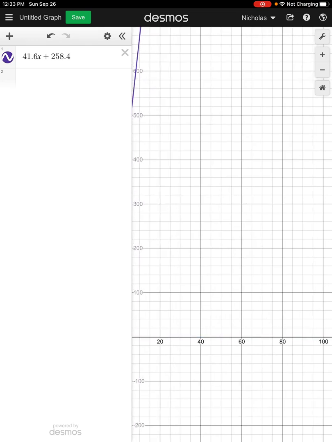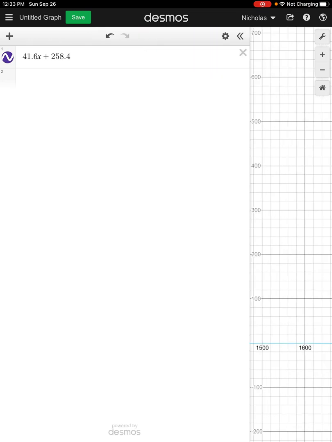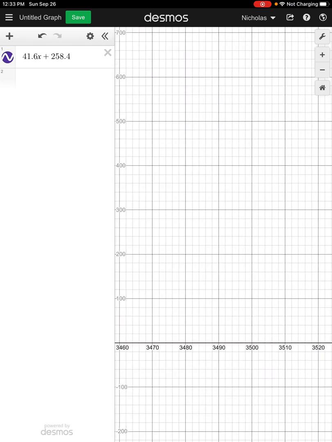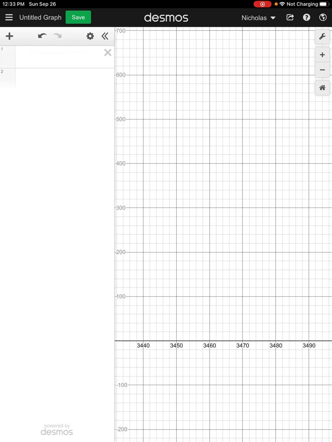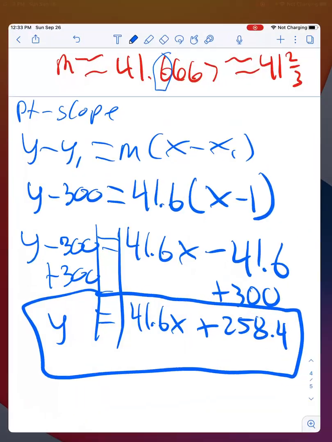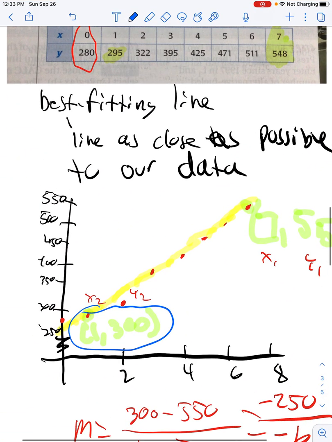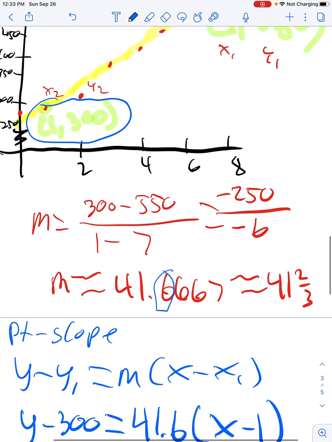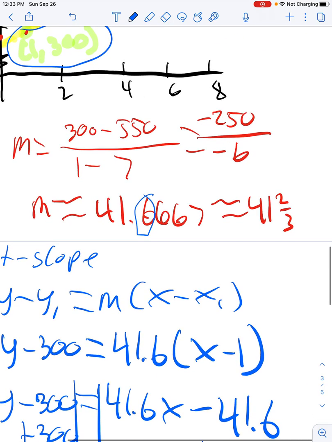If we tightened up our x intervals, whoa, way off. Okay, again, when I did my graph, I used x intervals of 2, 4, 6, 8, whereas that one was counting by tens, so that's why it looked much, much steeper.